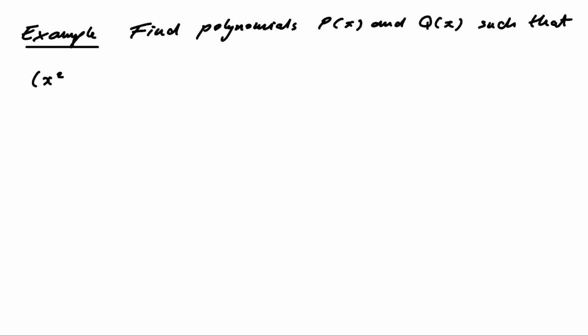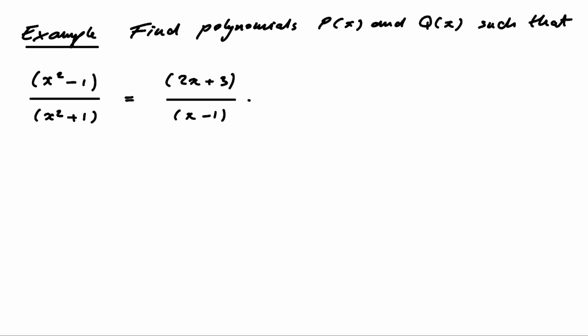Let's do (x squared minus 1) divided by (x squared plus 1) is equal to (2x plus 3) divided by (x minus 1), multiplied by, kind of an interesting example, p(x) over q(x).